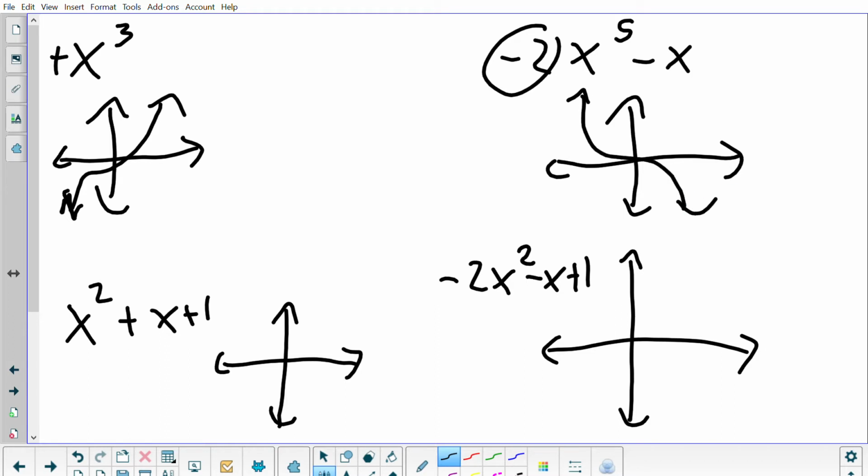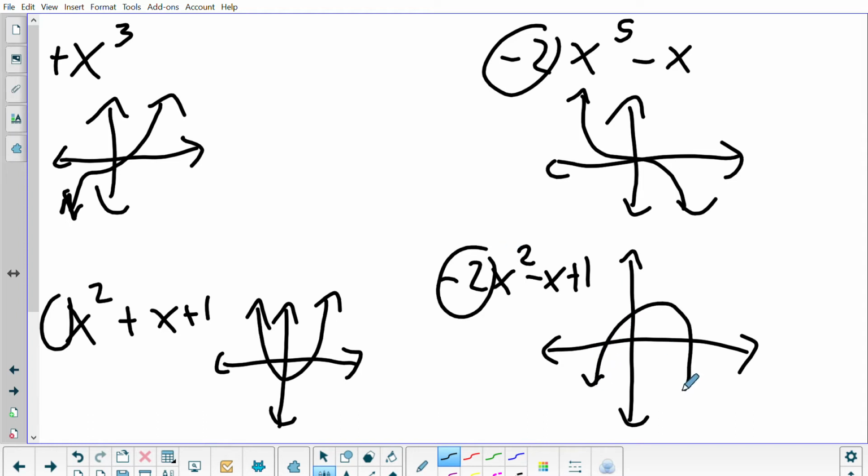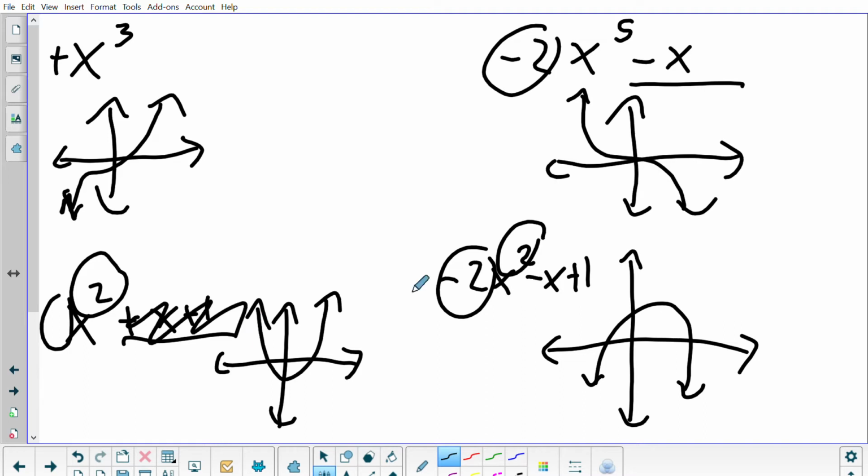If our a term is positive, we know it's going to go up, and if it's negative, we know it's going to go down. Notice I don't care about anything after the first exponent. Whatever the biggest exponent is, the rest doesn't matter. We just care about this leading coefficient.